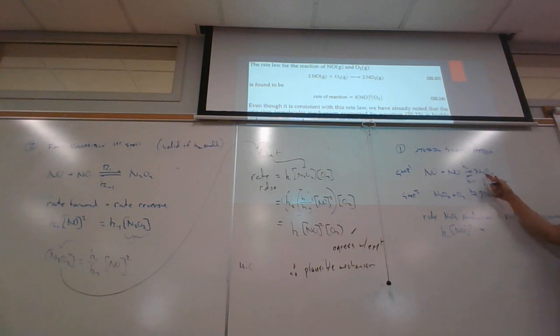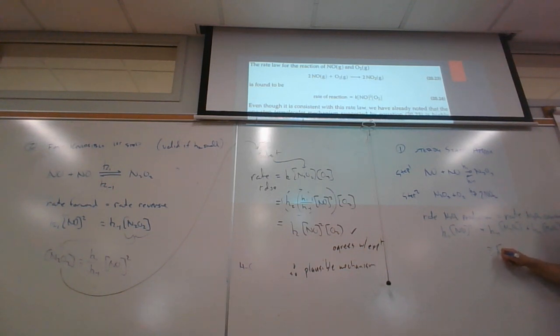This is going to equal the rate of N2O2 consumption. Well, N2O2 consumption is going to happen by K minus 1, so that'll be K minus 1 times N2O2. And it's also going to be due to K2, so this is going to be plus K2 times the N2O2 and the O2. These are the two ways it's going to be consumed.